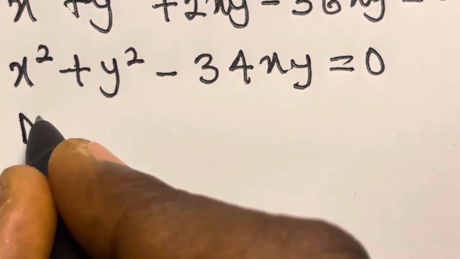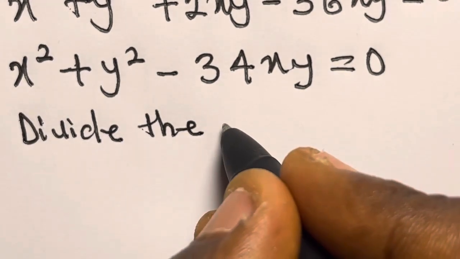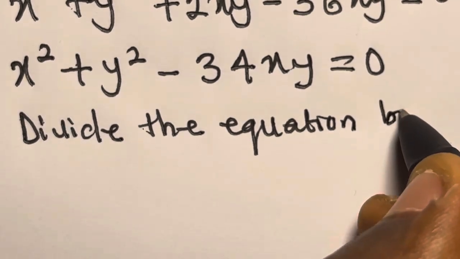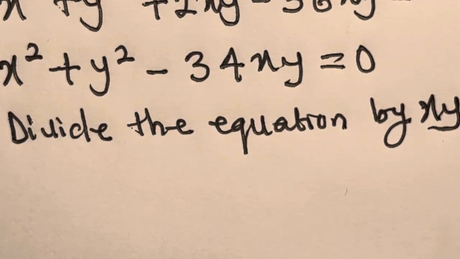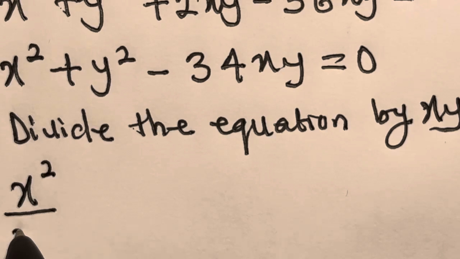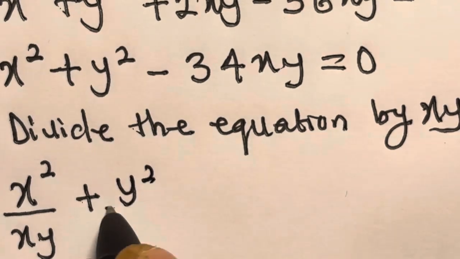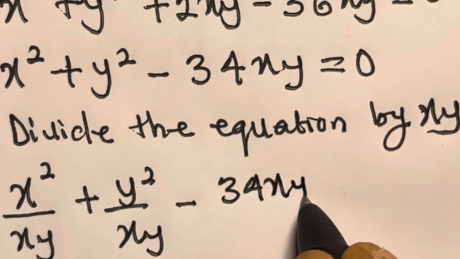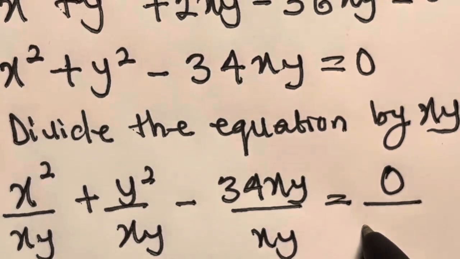Let's divide the above equation by xy. If we do, we have x squared divided by xy, plus y squared divided by xy, minus 34xy divided by xy equals 0 divided by xy.